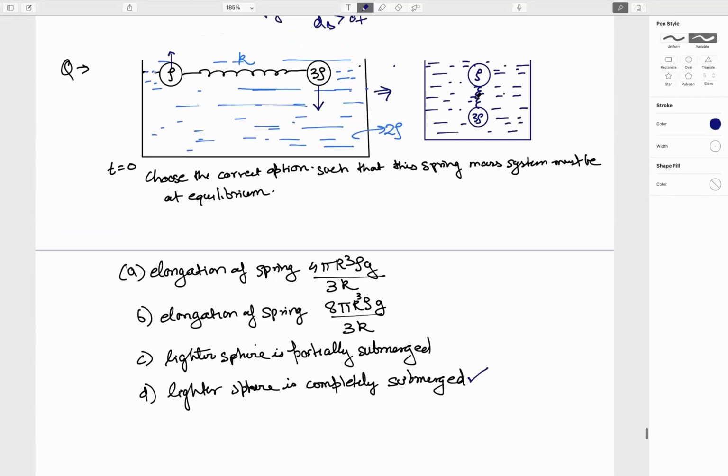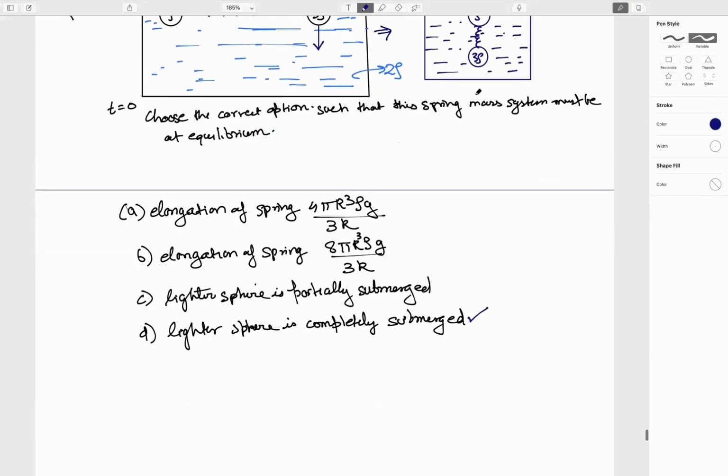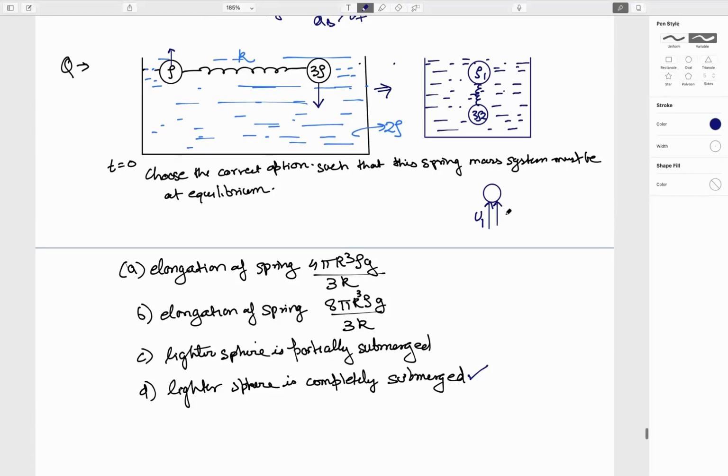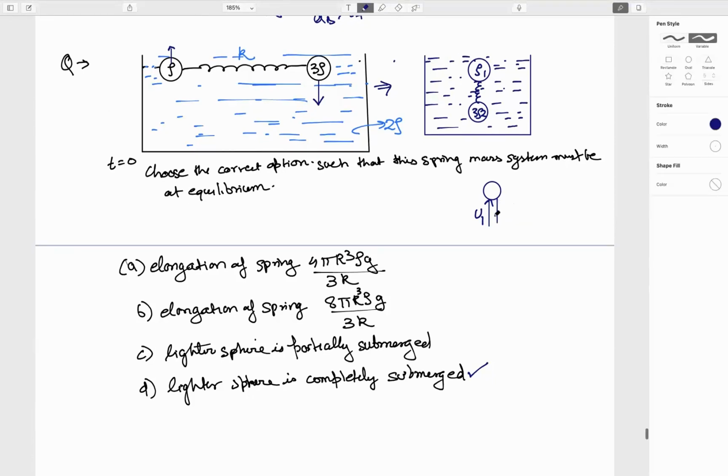Again, there is a spring force acting, Kx. For this block of density rho, upthrust is in this direction. I will call it 1 and 2. So upthrust is in this direction. It is stretching in this direction. So the elongation is, so the spring tries to avoid that.